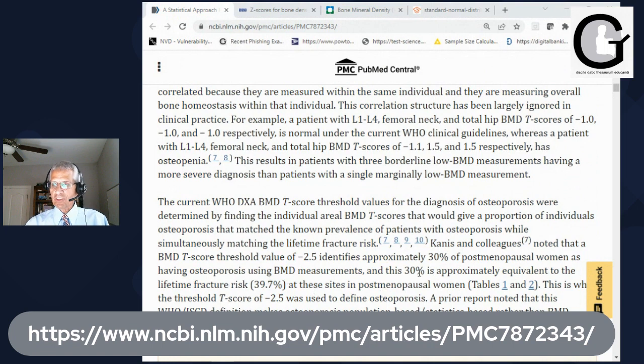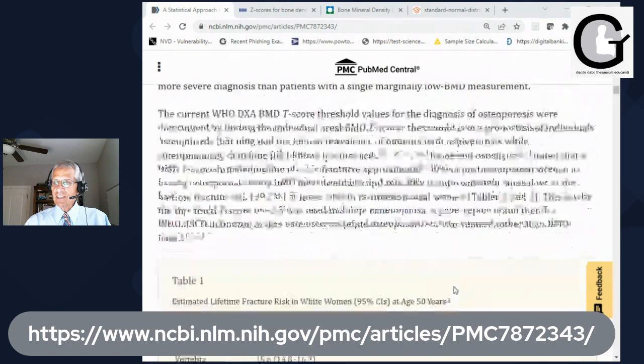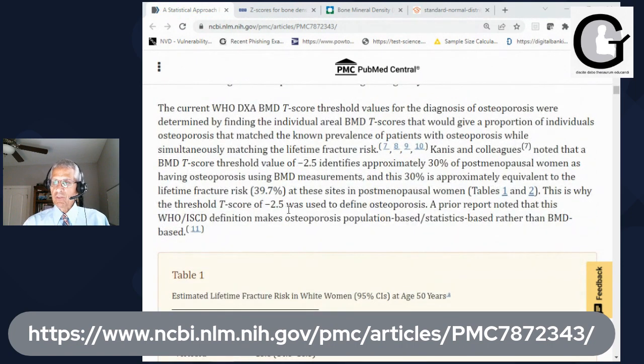And this 30% is approximately equivalent to the lifetime fracture risk at these sites in postmenopausal women. This is why the T-score threshold of negative 2.5 was used to define osteoporosis. A prior report noted that this definition makes osteoporosis population-based, statistics-based rather than BMD-based.